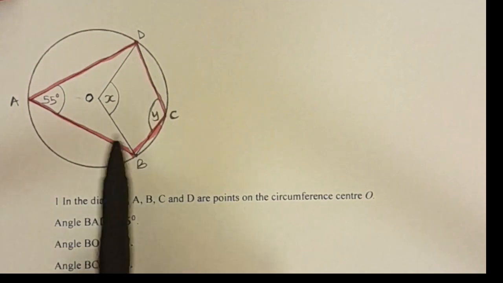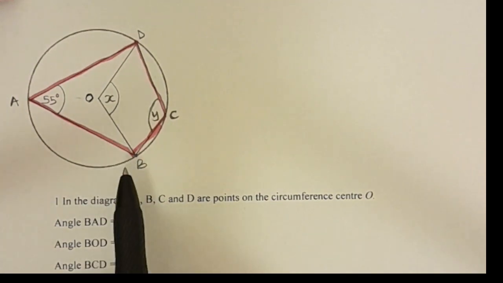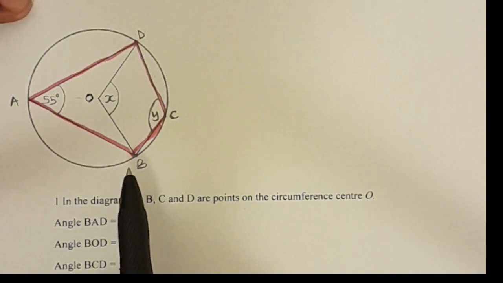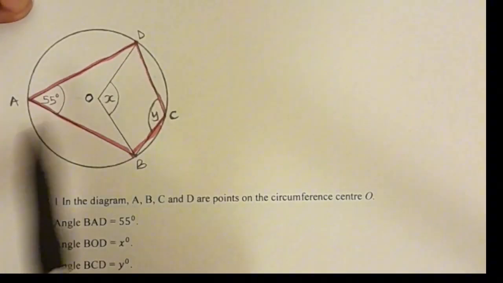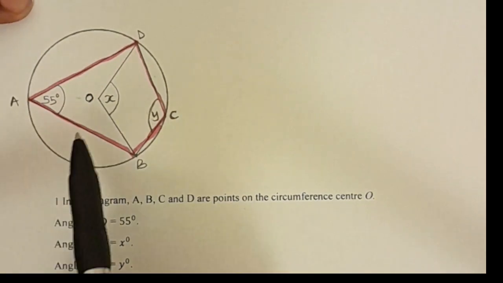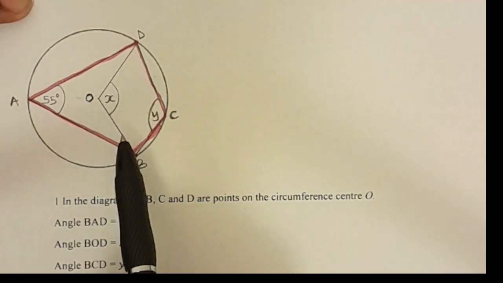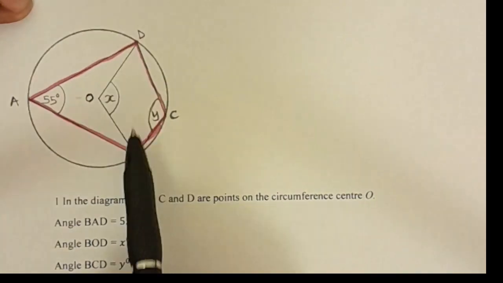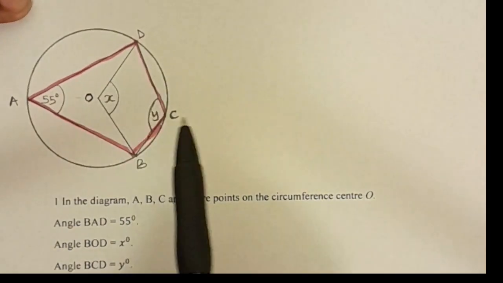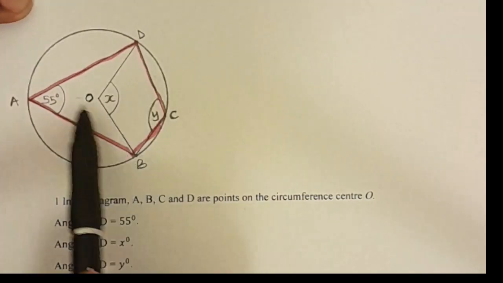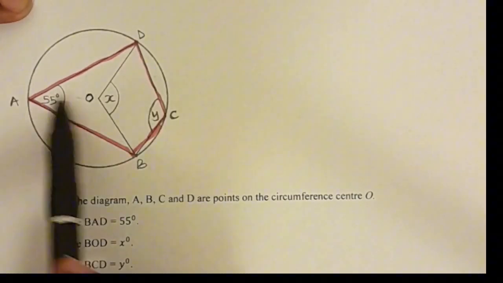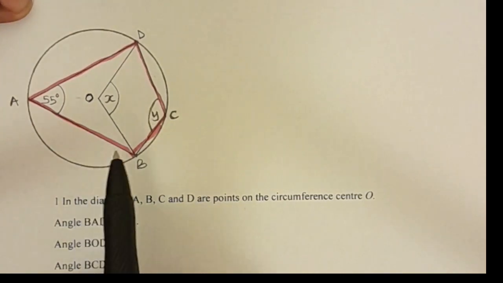A quadrilateral is a four-sided figure. This quadrilateral is cyclic because it's inscribed, it's inside the circle. So we're going to use that property that says opposite angles of a cyclic quadrilateral add up to 180.